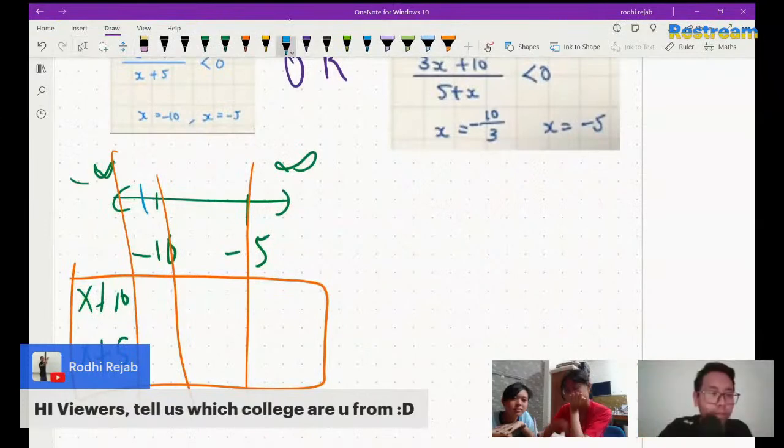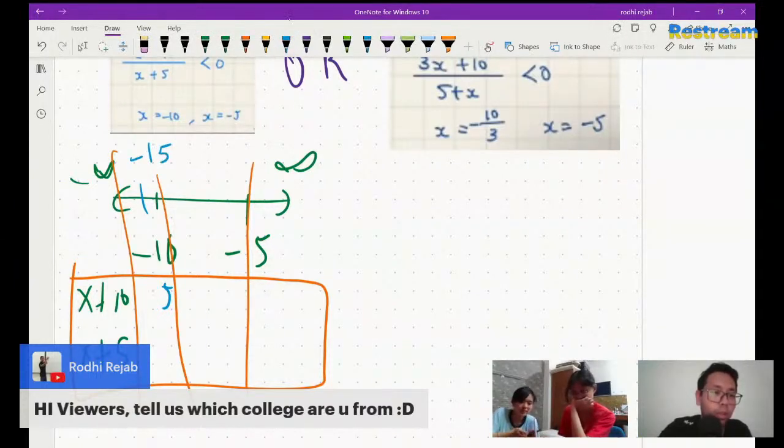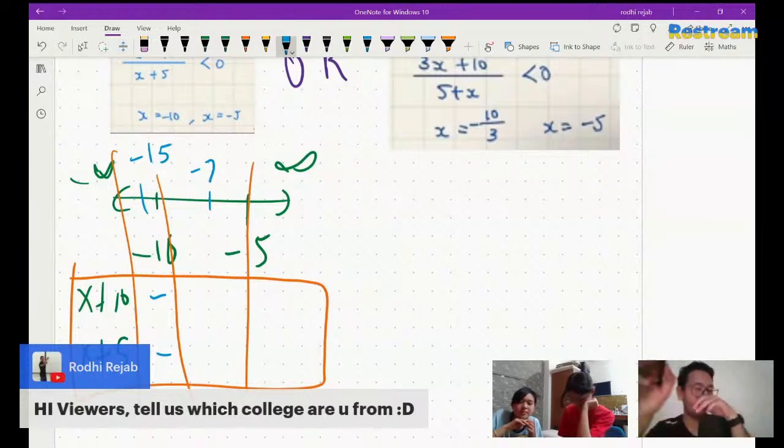So let's say negative 11 or negative 15, I pick one. So then it gives you negative, and this one gives you negative. Then choose any number from here. Let's say negative 7. Negative 7 is put inside the equation. This one got positive. This one got negative.